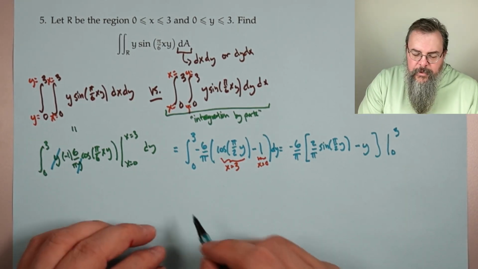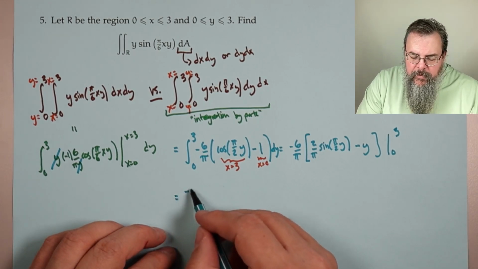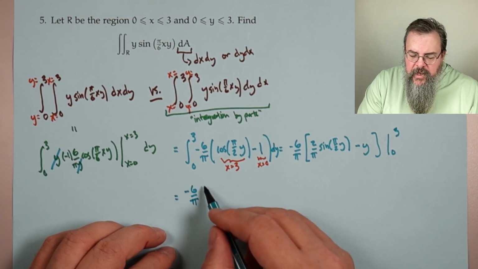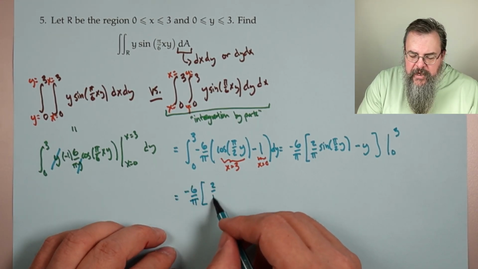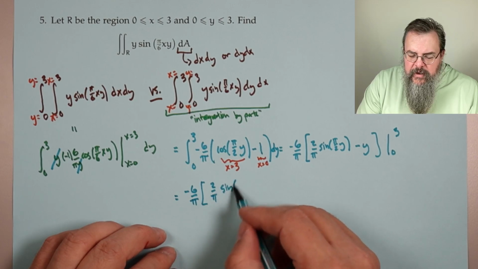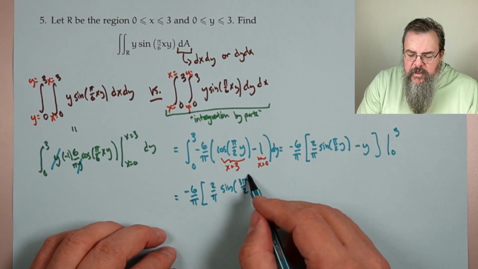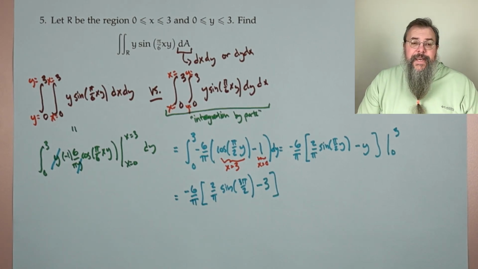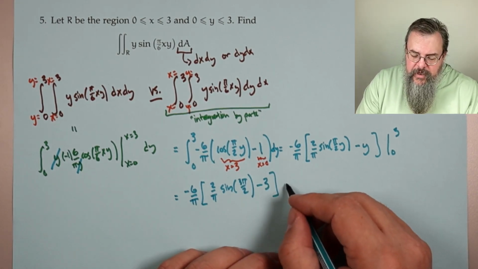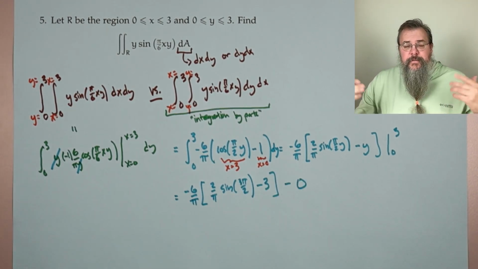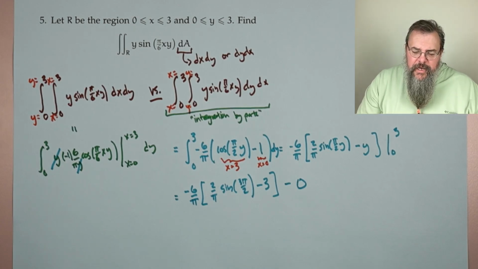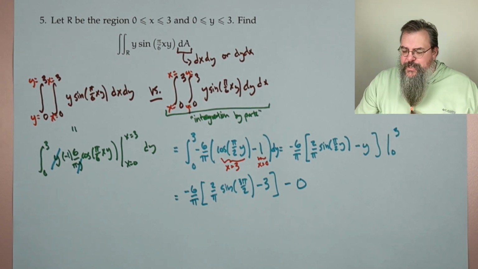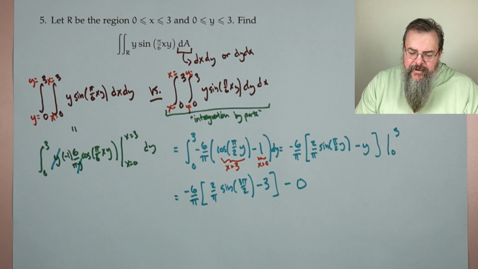All right, so we're almost there. We have our minus 6 over pi times 2 over pi sine of 3 pi over 2, and then subtract 3. Okay, and then, as we said, this is subtract 0. So when you plug in 0, you get 0. We want to really finish up. Let's get all our trig taken care of.